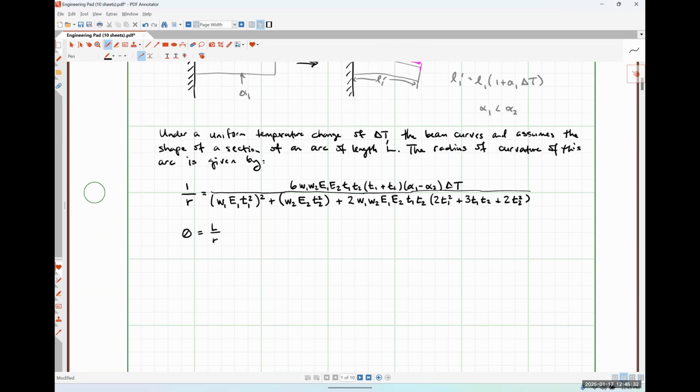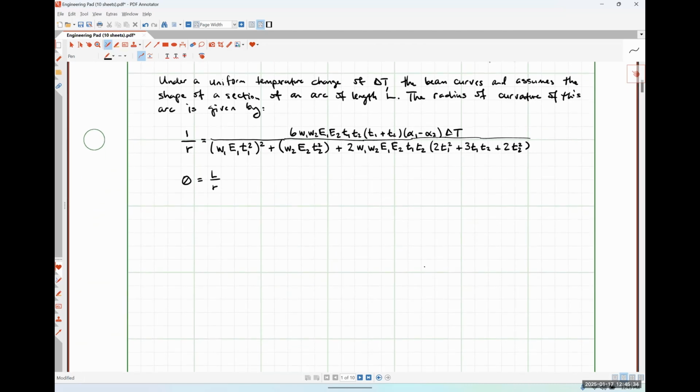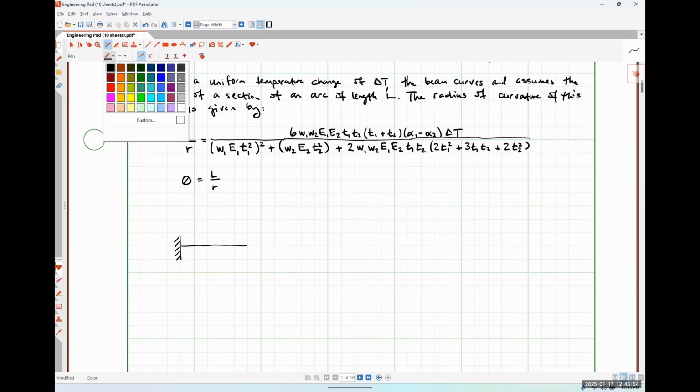So I'm going to try to draw a simplified picture here that's going to relate all of these things together, okay? So over here on the left, I'm going to have my anchor, and then this line right here is going to characterize my beam when there is no deflection, okay? Then I'm going to do a line in gray.